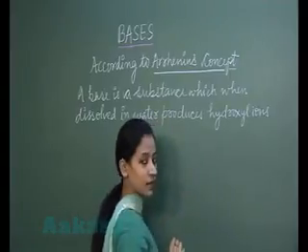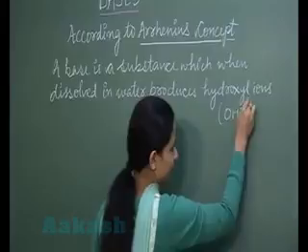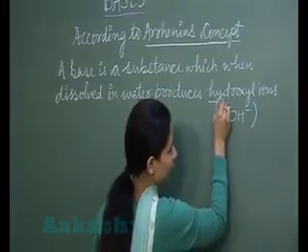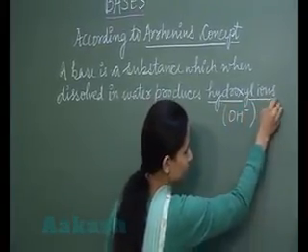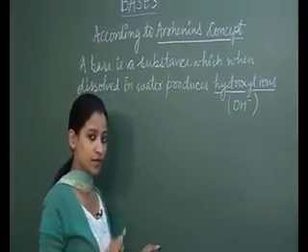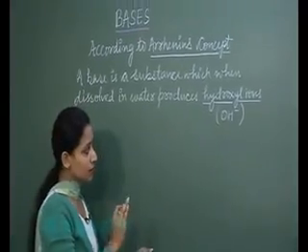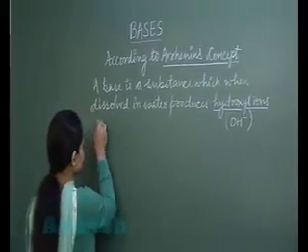Students, hydroxyl ions are OH negative ions, and these hydroxyl ions are also known as hydroxide ions. So what is a base according to the Arrhenius concept? Base is a substance which when dissolved in water produces hydroxyl ions in the solution.